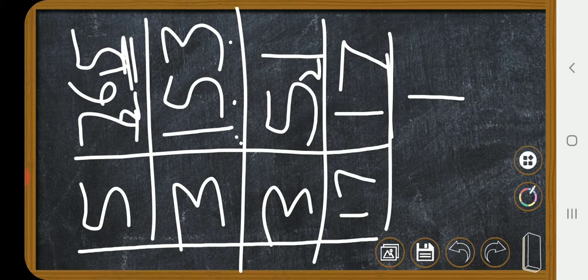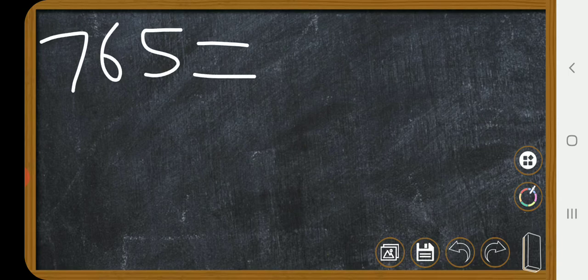Prime factors again in the horizontal arrangement. How will you write? See, horizontal 765.